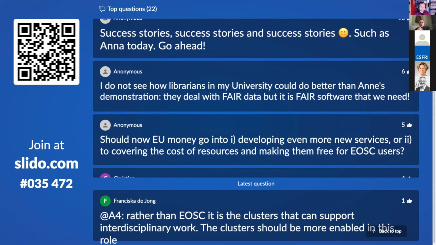Absolutely. Thank you. I think that's a very good question to ask. Of course, we will need more new services in the near future. But regarding where we are now in the development of the EOSC, I would suggest that definitely we need to cover the cost of the resources to make sure that the services already available are free for EOSC users.